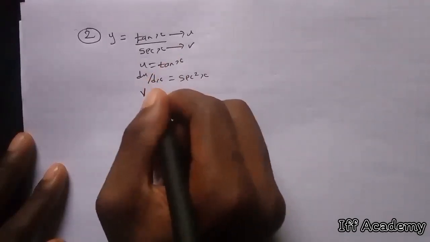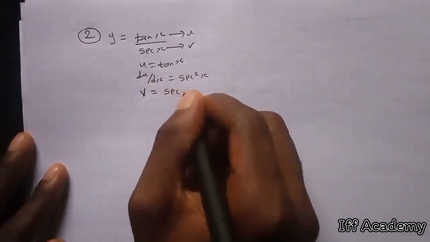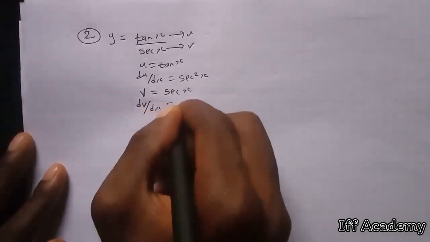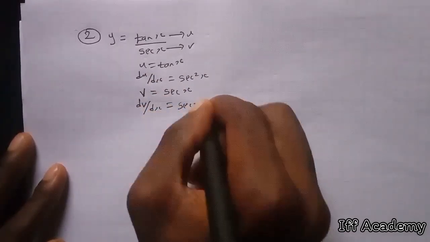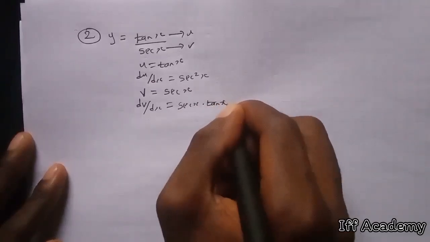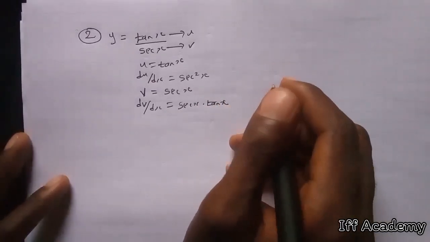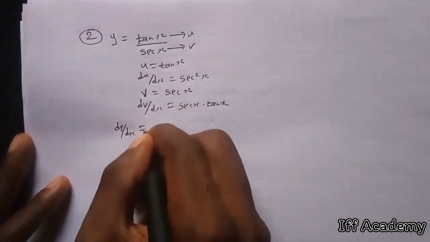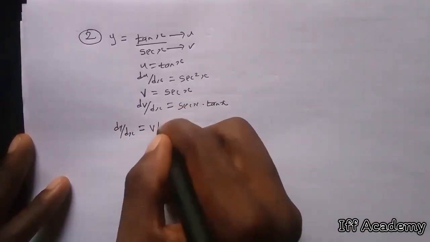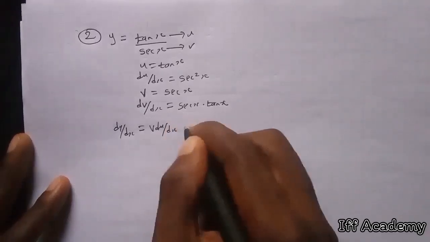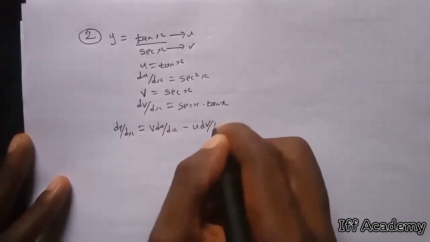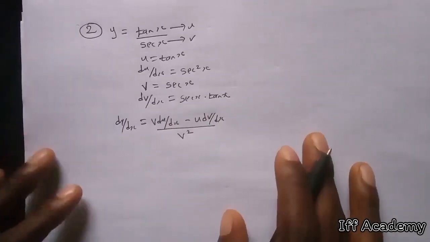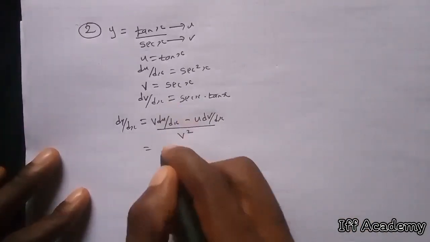And v is equal to sec x. dv over dx is equal to sec x tan x from your standard derivatives. So from here, your dy over dx is simply v du over dx minus u dv over dx over v square.